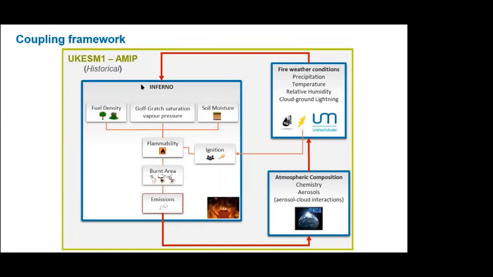It was made with simplicity in mind, and it takes the fuel density from the land surface and soil moisture, and it uses the fire weather conditions, taking precipitation, temperature, relative humidity, to calculate flammability, and merges this flammability of the vegetation with the ignitions that can come from prescribed human ignitions that are dependent on the population density and on the human development index, as well as lightning cloud-to-ground ignitions that come from the model, and it uses this to calculate a burned area.